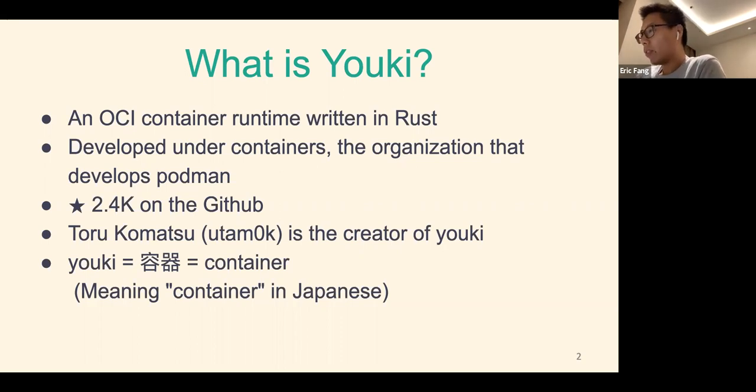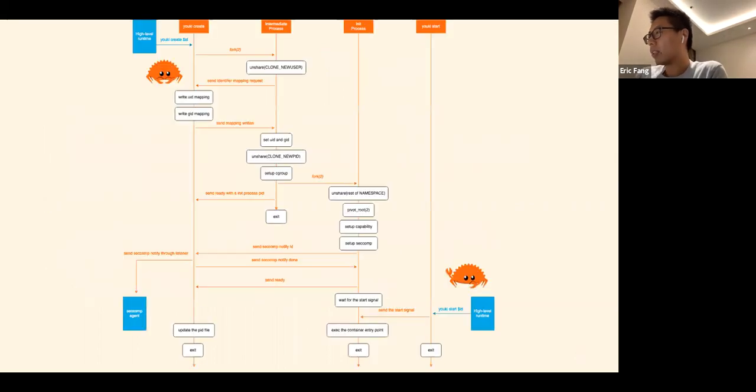The name Yuki really comes from Japanese, the word for container. This diagram describes what Yuki does internally, and we found it's a very easy to read diagram to illustrate on the high level what we do.